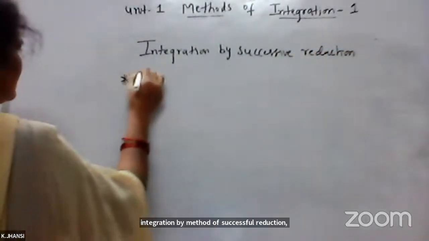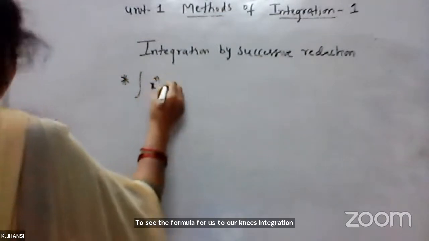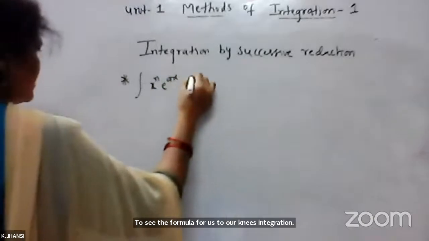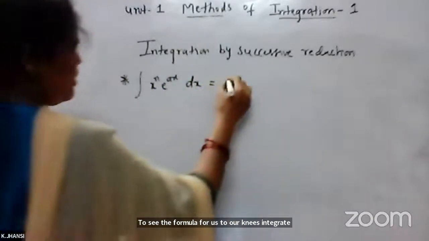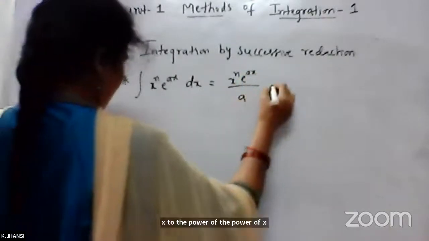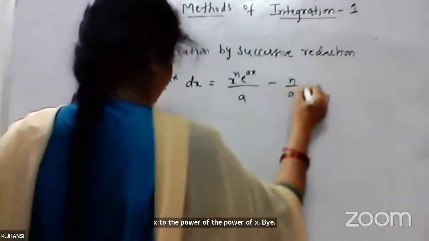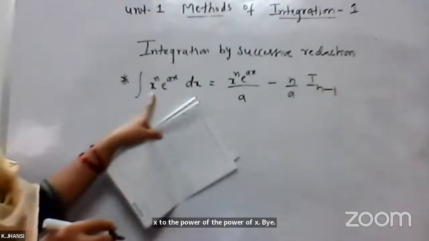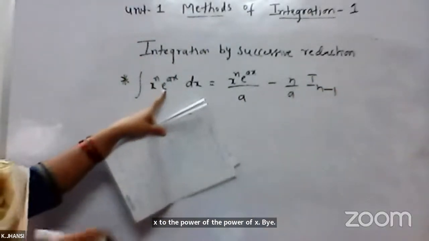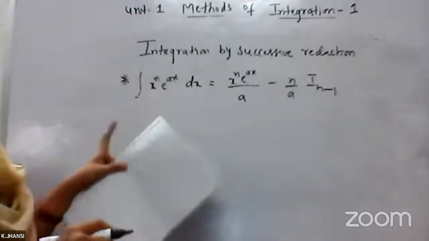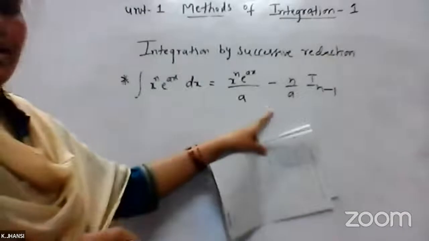First one is integration of x to the power of n e to the power of ax dx is equals to x to the power of n e to the power of ax by a minus n by a I n minus 1. Okay. If x will be there, two functions at a time, x to the power of n into e to the power of ax. If such problem is there, the formula is this one.